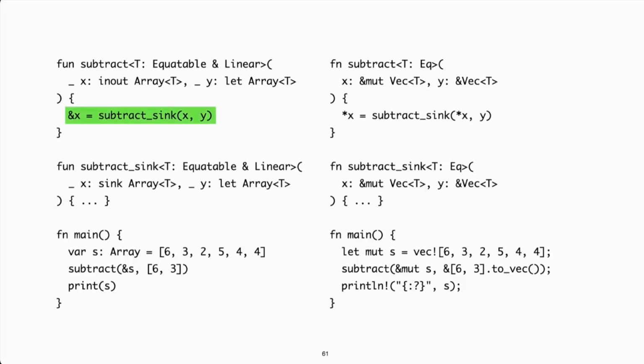So in this example, we have the in-place version that's using the in-out parameter, and this in-place version is allowed to use the sink version. So we can move out the x and reassign x, and nothing can be seen from outside of this code.